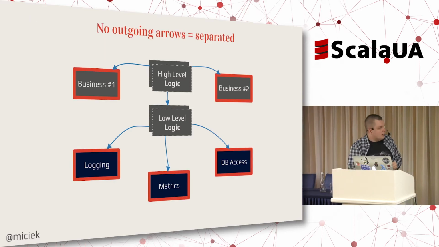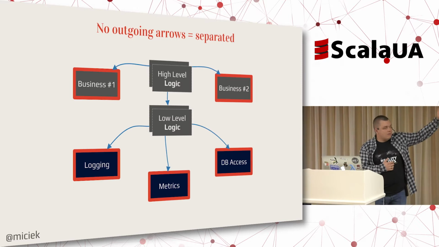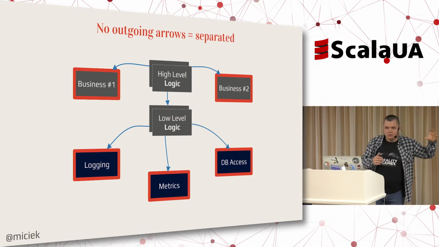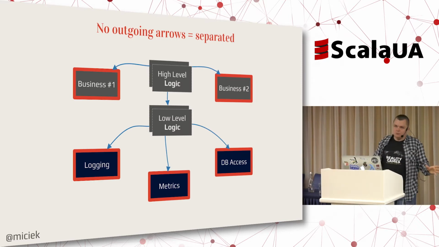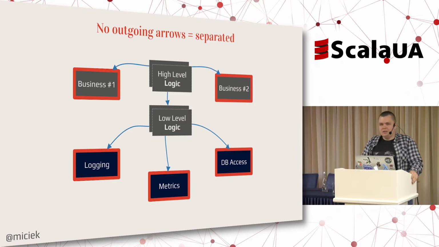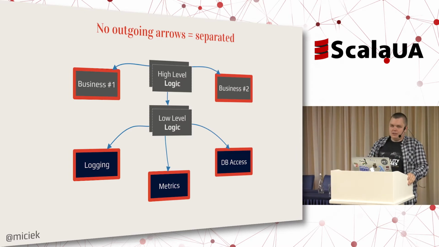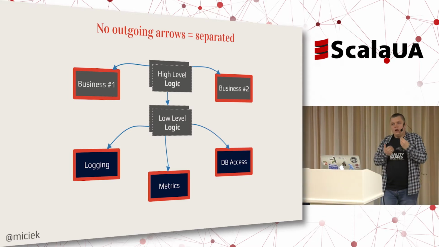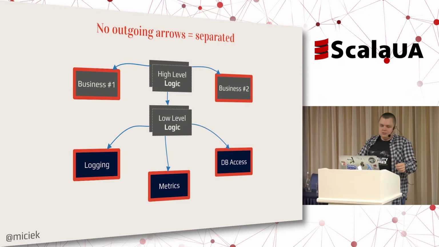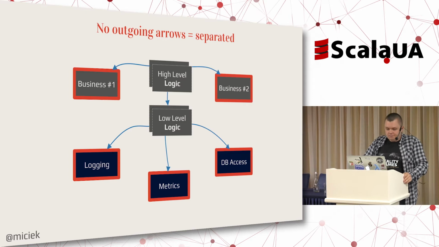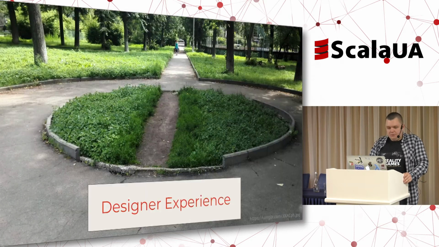What we are aiming for is to have as many components as possible without any outgoing arrows, so without any outside knowledge. So this is intelligent thinking, as Edsger Dijkstra described it. Business number 1 doesn't know anything about anything else, so that's how we can think intelligently about this business concern. So it's pretty obvious, right?